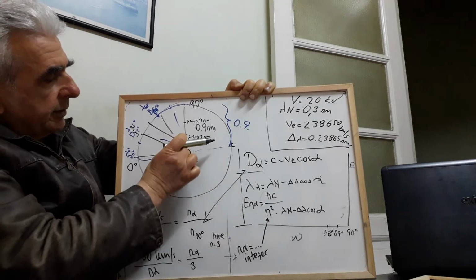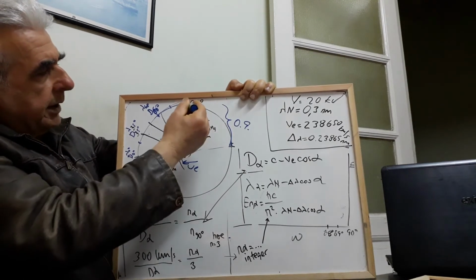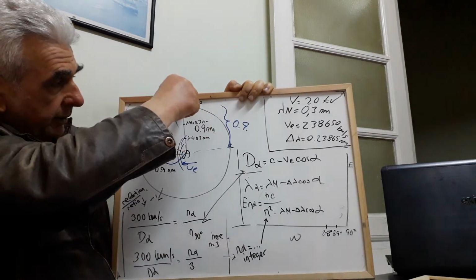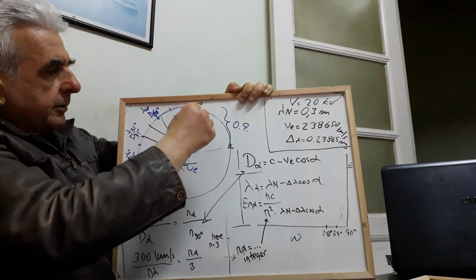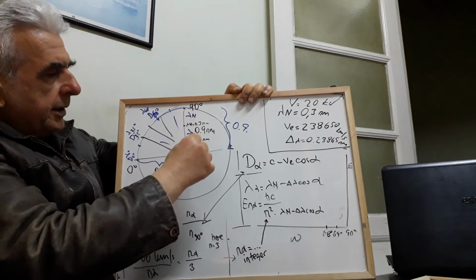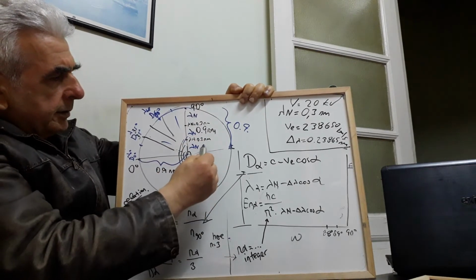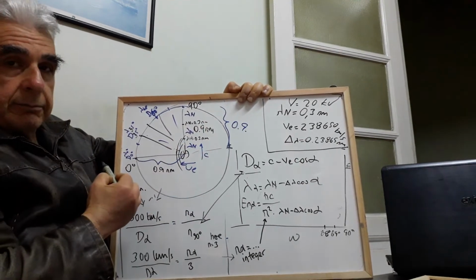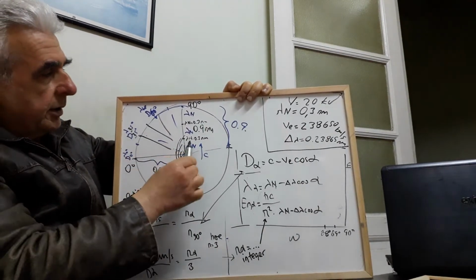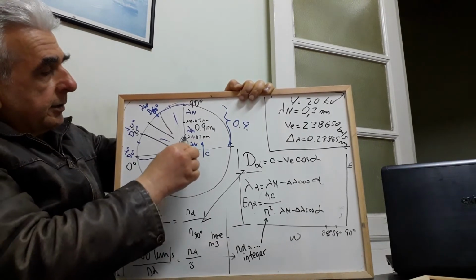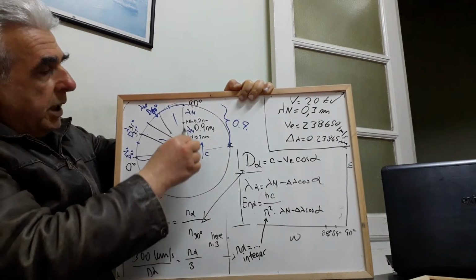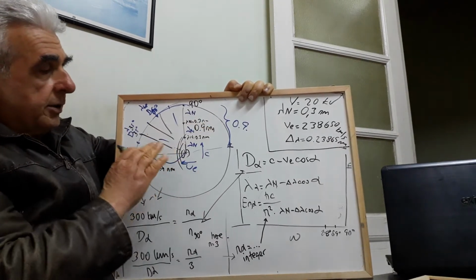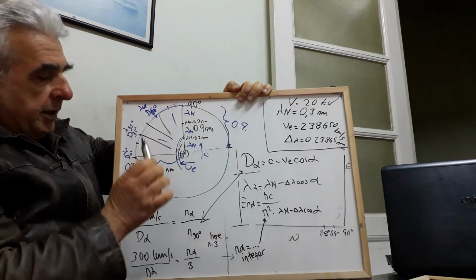At this point its wavelength is different, and at this point, 90 degree, lambda n, and here its velocity, remember, is c, not changed, and each successive wavelength is not changed, lambda.